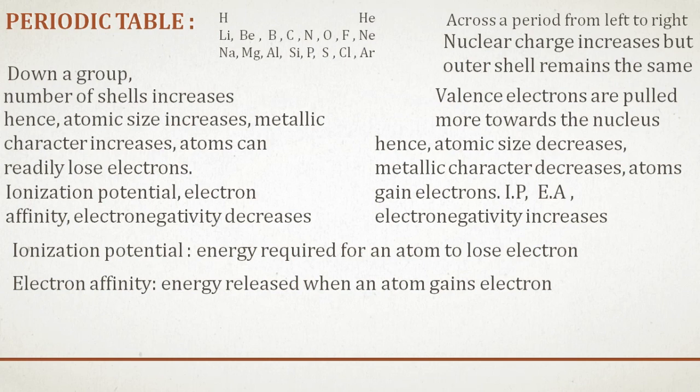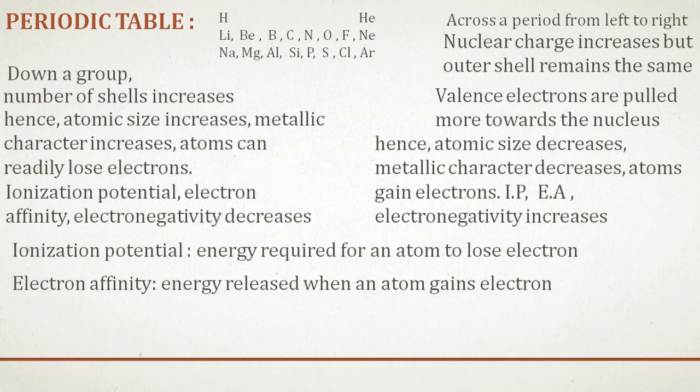Ionization potential is the energy required for an atom to lose an electron. So what is happening in an atom? The electron is negatively charged and it is being pulled by the positively charged protons. So to take out that electron from the attraction force of the protons, you need to apply some energy. That energy is known as ionization potential, the energy required for an atom to lose one electron, the valence electron from the outermost shell, right?